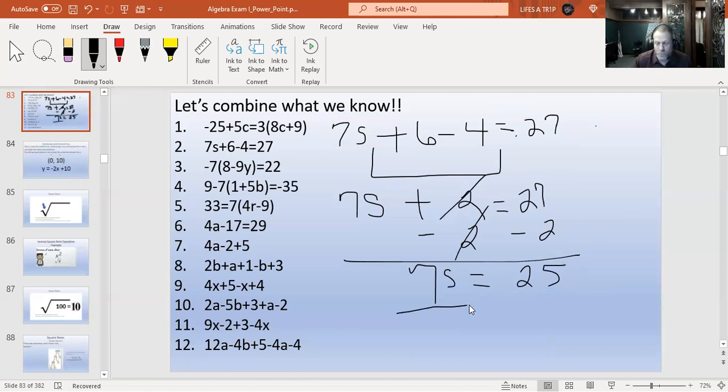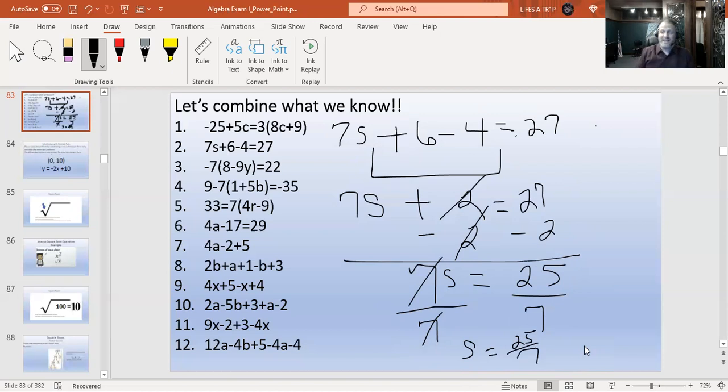Let's get rid of that 7 to get that s by itself. So divide by 7 on both sides. Cancel, cancel. s equals 25 divided by 7. And that is your answer, guys.